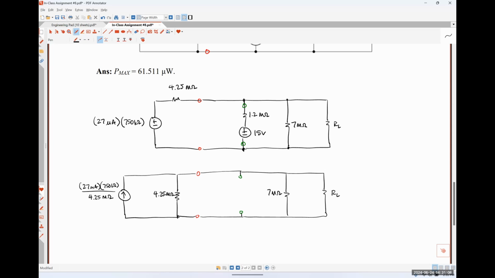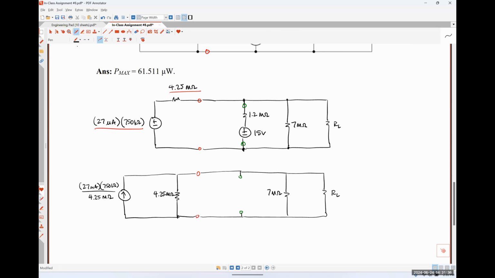Is everybody okay with where those numbers came from? So for anybody who's not following, I literally just took this voltage and divided it by this resistance because my source transformation rule is literally just Ohm's law.